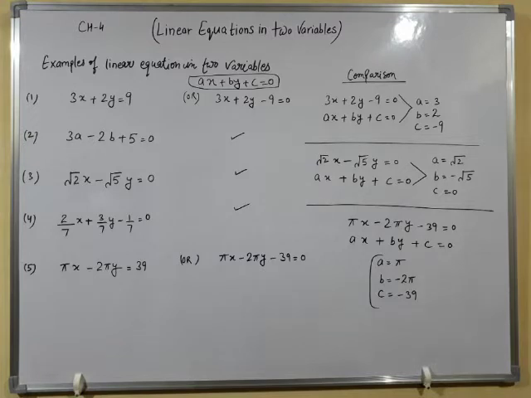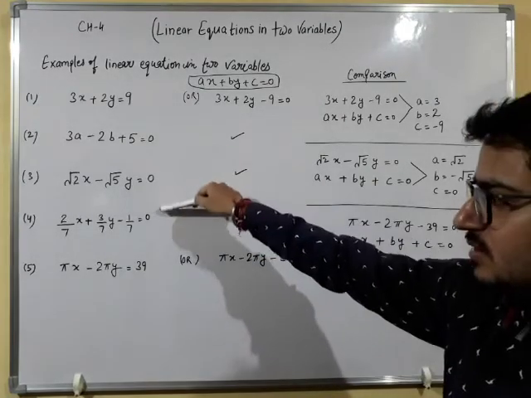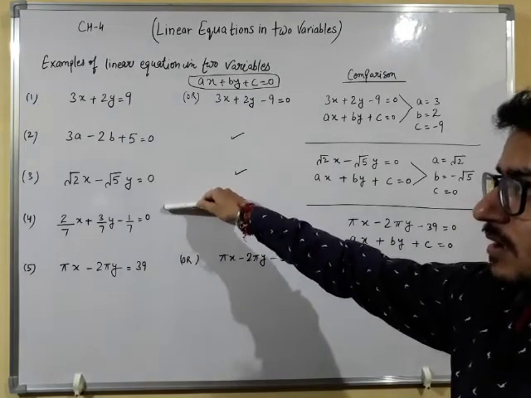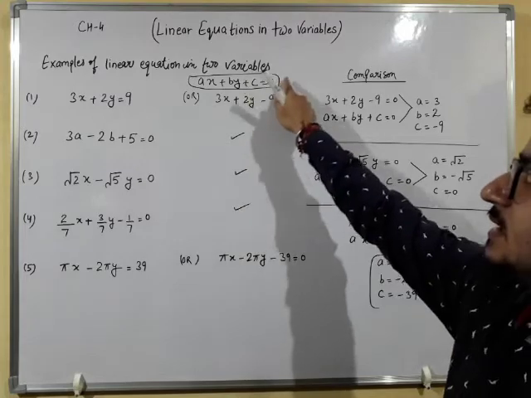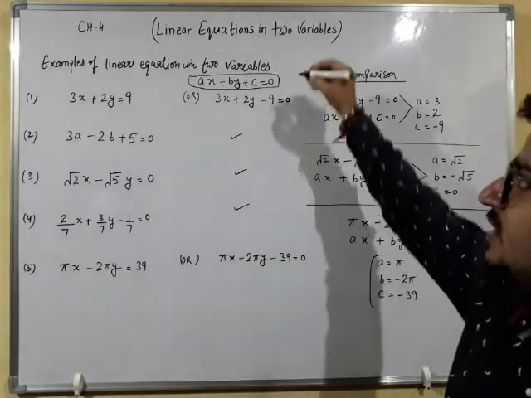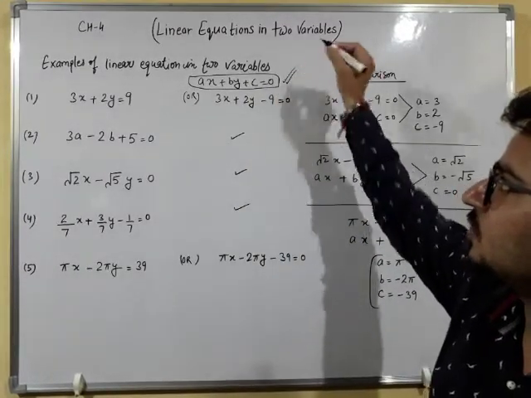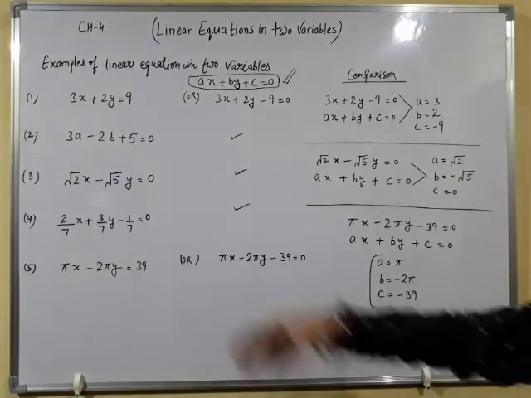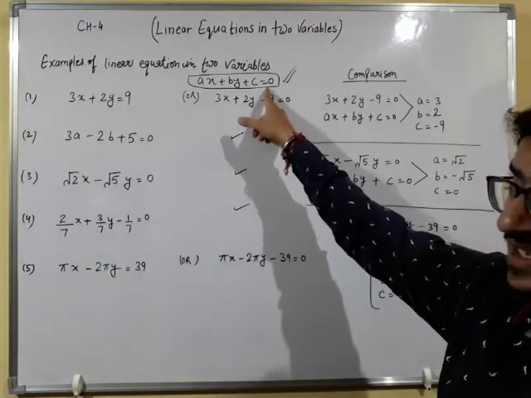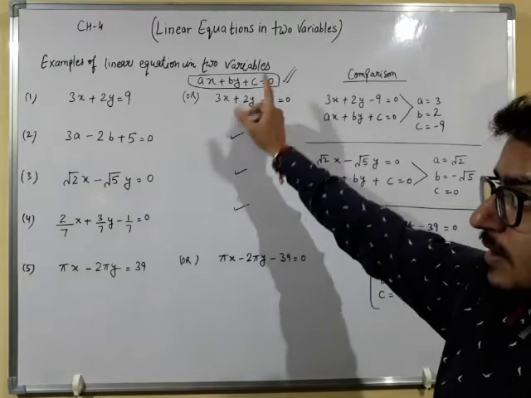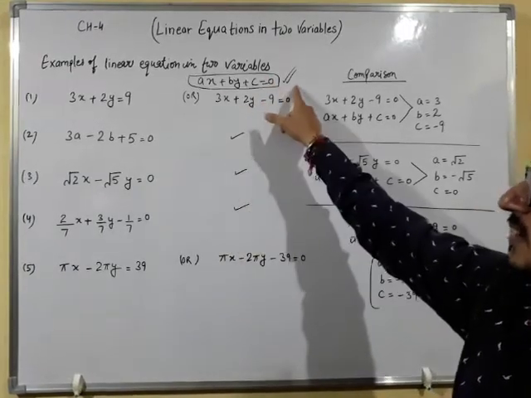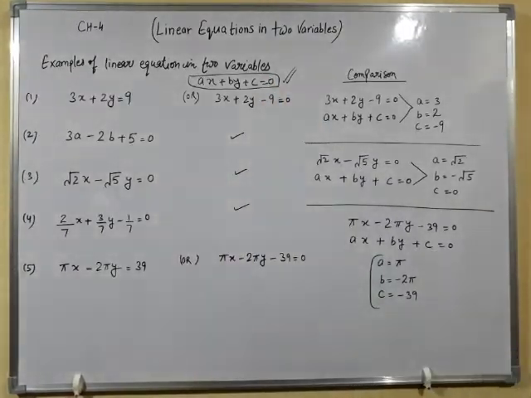So now a question arises here: are these equations in standard form? Standard form means in this form, ax plus by plus c equals to 0. Are these equations in the standard form? No, all equations are not in standard form, but we can convert them into standard form.